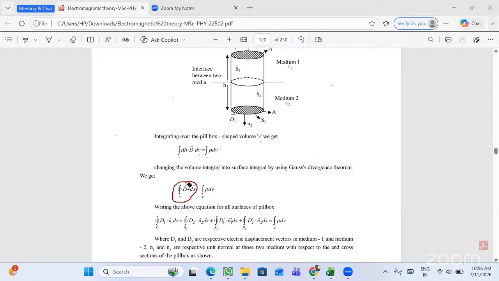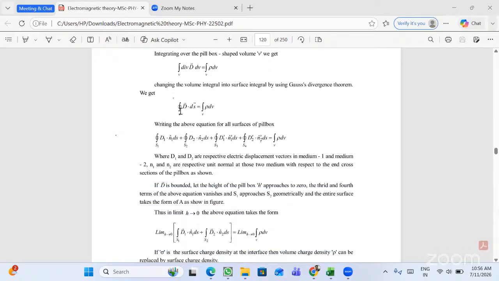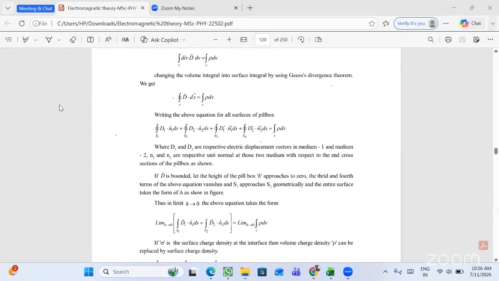Now we apply this to the entire pillbox, that is, to all the surfaces we are taking here. There are four surfaces, so for the four surfaces the same surface integral is applied. We have taken the first one, the surface integral over S1 of D1 dot N1 dS.